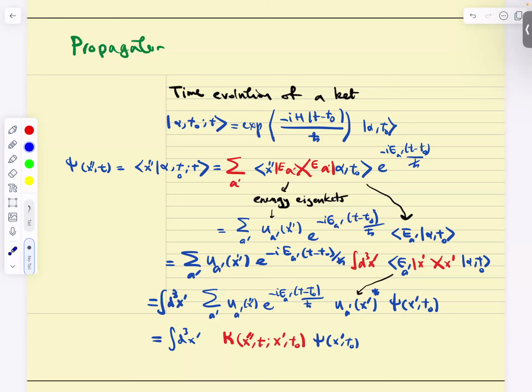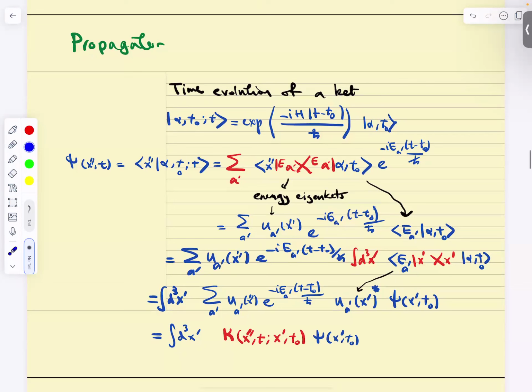And this is the state ket at time t. Everybody's with me? All right. So we're going to be discussing the wave function at different times in position basis. Good. That is psi of x double prime of t. That is the following overlap.